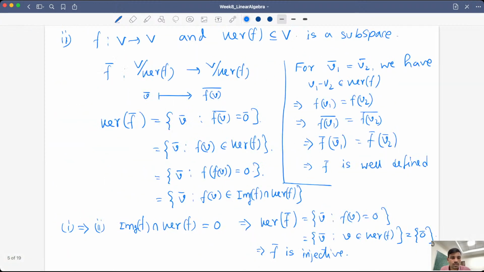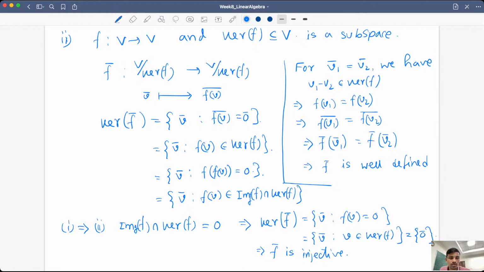Also, conversely, if I assume that this map is an automorphism, that means this is an isomorphism, then in this case also the kernel of f bar will be 0, right?